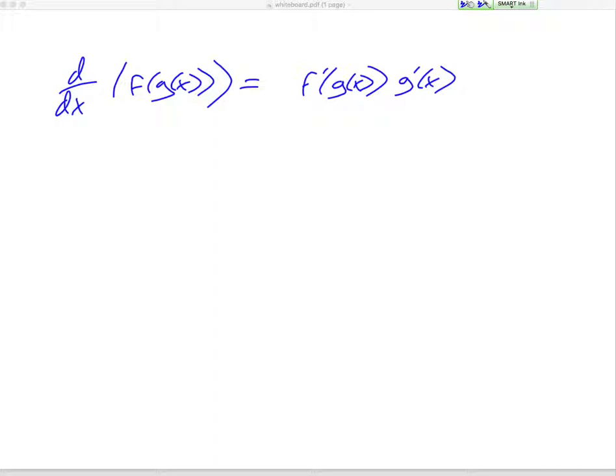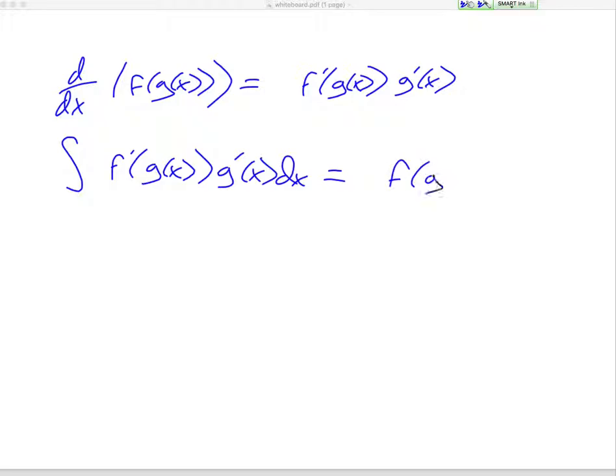So that means that if I integrate that thing right there, what am I going to get? I'm going to get f of g of x. I want you guys to look for a pattern there.